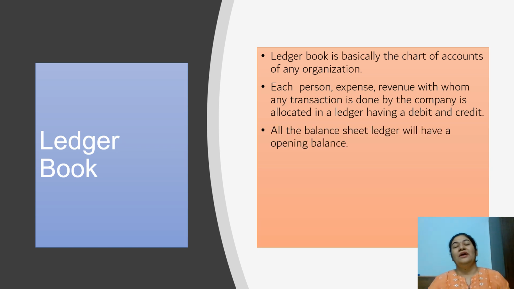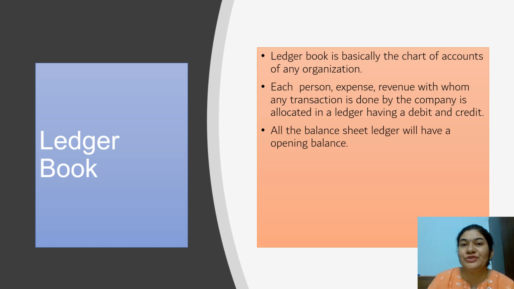Just to inform you, all the balance sheet ledgers will have an opening balance in the ledger account. But the ledger accounts related to the profit and loss account or trading account will not have an opening balance, because the profit and loss account and trading account are only for the current period of an organization. They don't show the entries relating to past years.